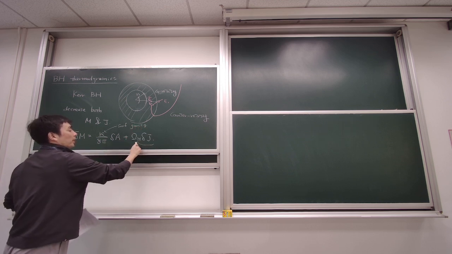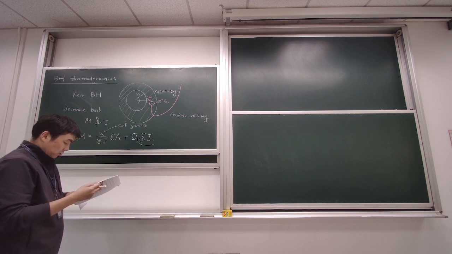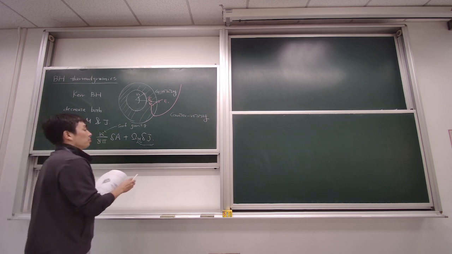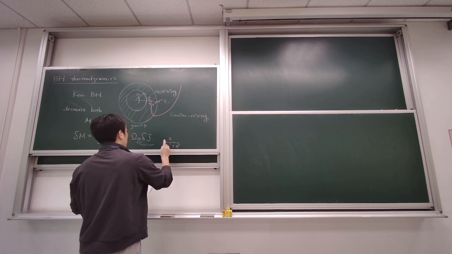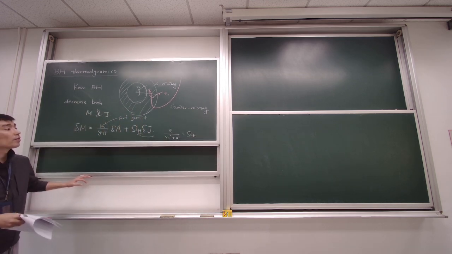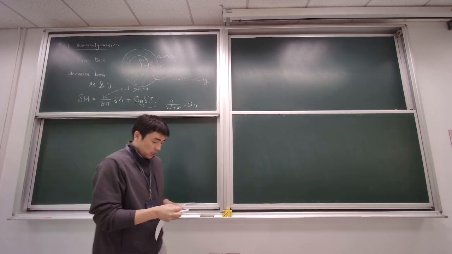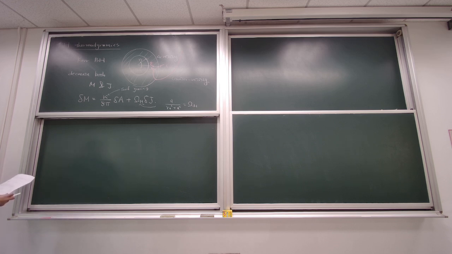And omega H is the one we saw long time ago, given by the angular momentum frame dragging: omega H is equal to a over r plus squared plus a squared. So that's what we saw for the Kerr black hole. Now we would like to show this in a more general setting.